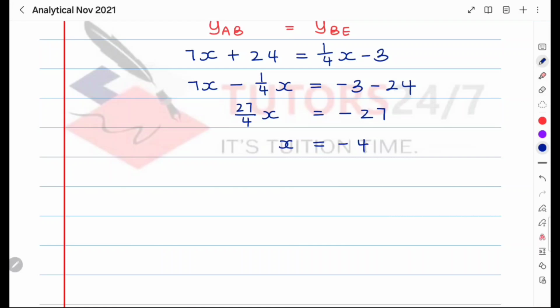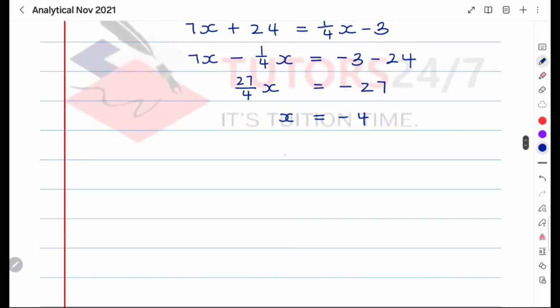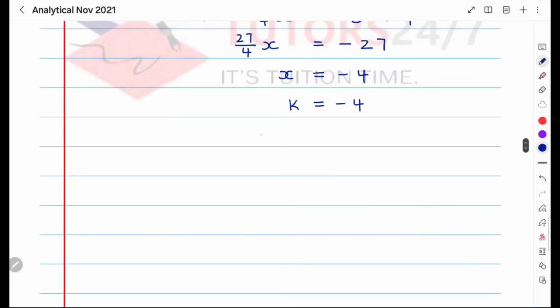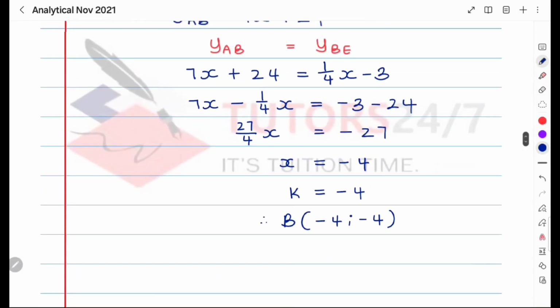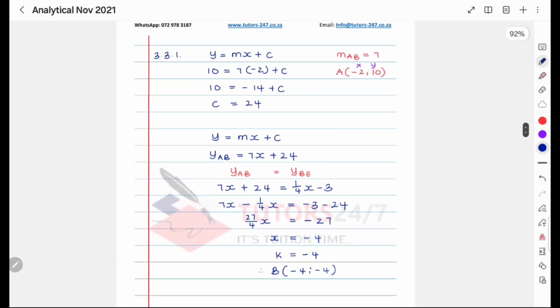Now keep in mind the x value of B was known as k, and both the y and x value were equal to k, which means k is therefore equal to -4. So we now have the coordinate of B, which is k and k, as equal to -4 and -4. So that is the B coordinate.